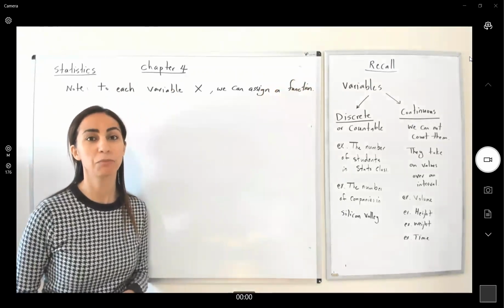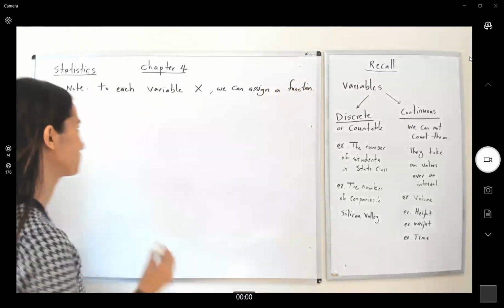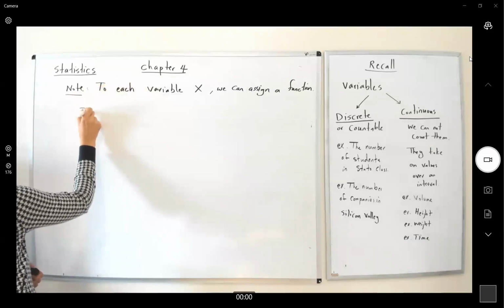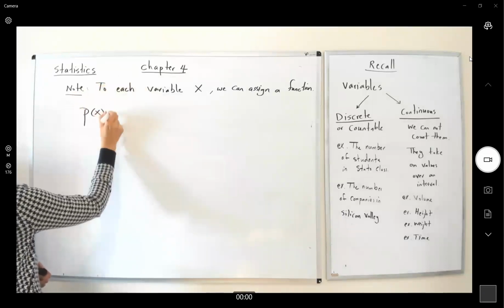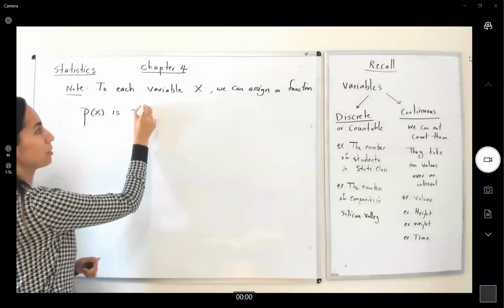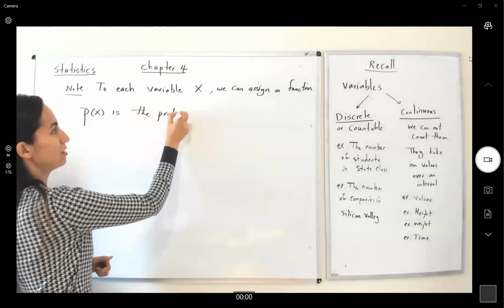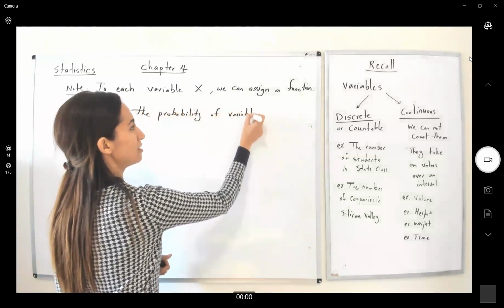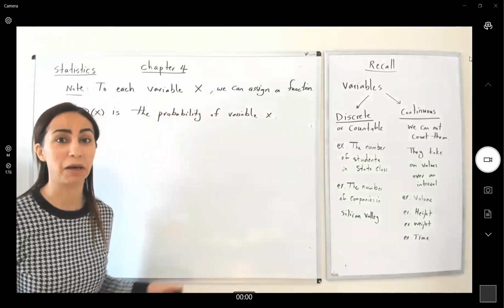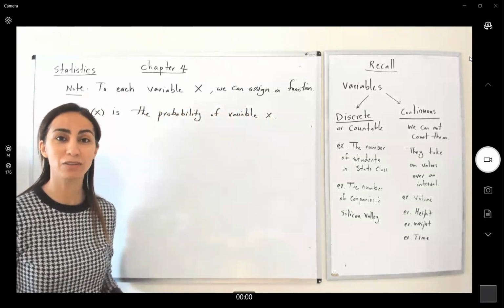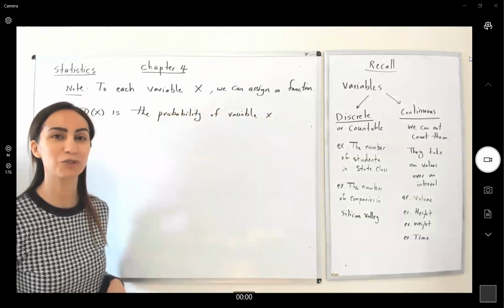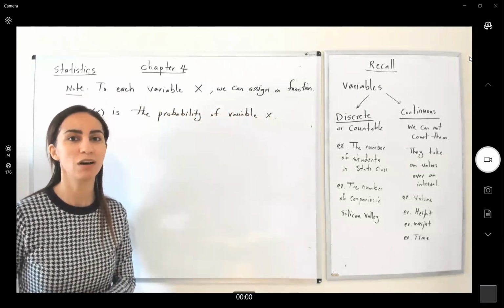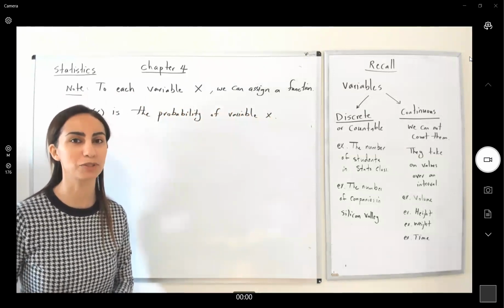We're interested in probability as a function. P of x is the probability of variable x. That depends. If you have a discrete variable, you can actually count all of those probabilities. If you have a continuous variable, it's impossible to count all of those probabilities.